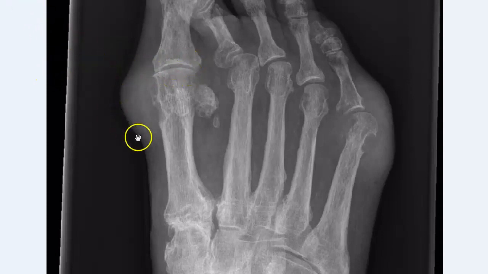So here is an example of what a foot might look like with gout, and there's a couple things to look for. The first thing you really want to look for is some type of inflammatory reaction. You want to see some swelling, and that's one of the earliest radiographic signs of joint effusion, is this swelling, and we can see that here in a couple spots.